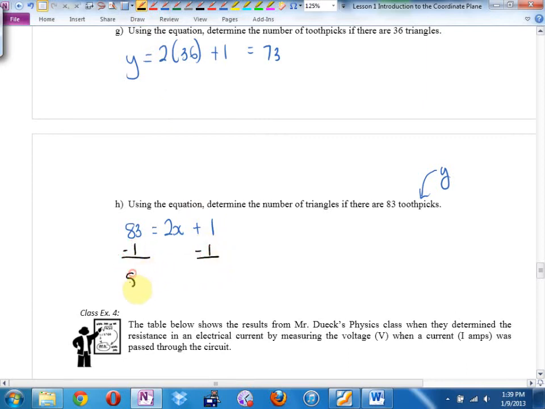I'll get 82 equals 2x. And then, why divide by 2? We're also doing the opposite, fancy word, the inverse operation. So whatever you're doing to the x or to the variable, we do the opposite, the inverse. So it's going to be divide by 2, divide by 2.